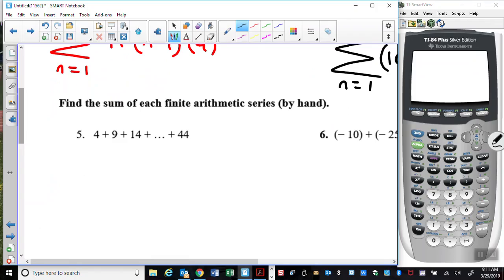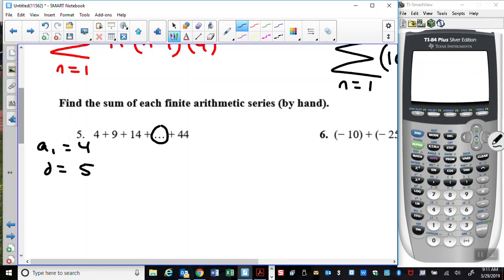So find the sum of each finite arithmetic series. We're doing this by hand right now. You need to find n for this one because we're missing some terms. a1 is 4, d is 5.